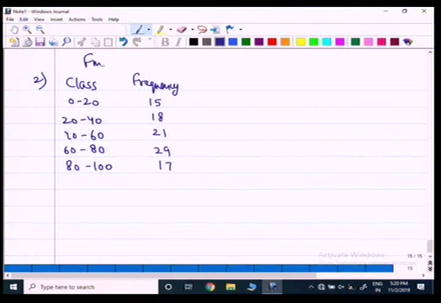Find the mean. Now whatever you think that is best for you, do it. Nothing is mentioned by whatever method you want to do. Whatever you think is best for this question, find it.